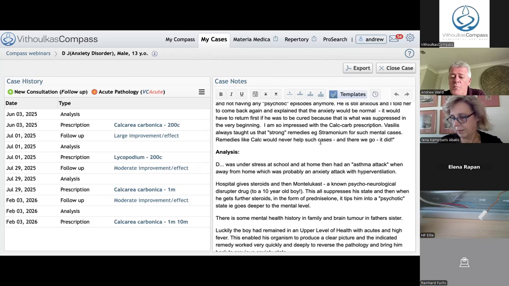This all suppresses his anxiety state. And then when he gets further steroids, as they continue to insist he had asthma, in the form of prednisolone, he very quickly tipped into a psychotic state, therefore pushing the state deeper into the mental level. From an emotional level of anxiety, it goes into the mental level of psychosis.